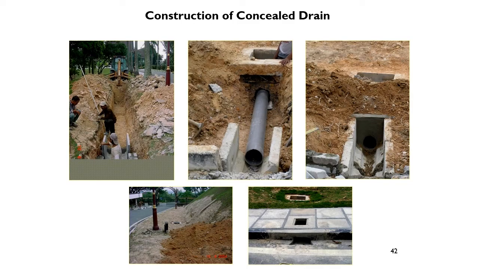The construction of concealed drain, caranya sama je macam construction untuk drain lain. First kita kena excavate and kita lay down the precast pipe here dekat area yang di luar, maksudnya bukan berada berdekatan dengan the inspection chamber ataupun access chamber dekat sini. Okay, ini dekat luar.